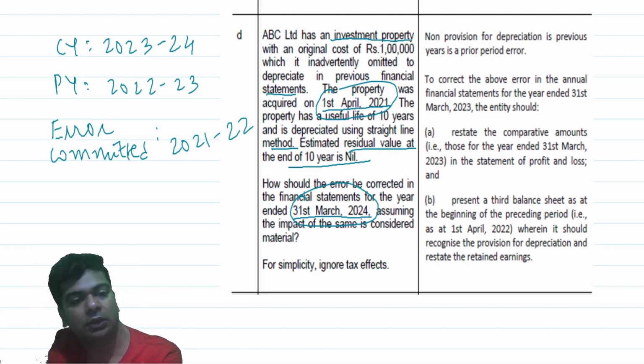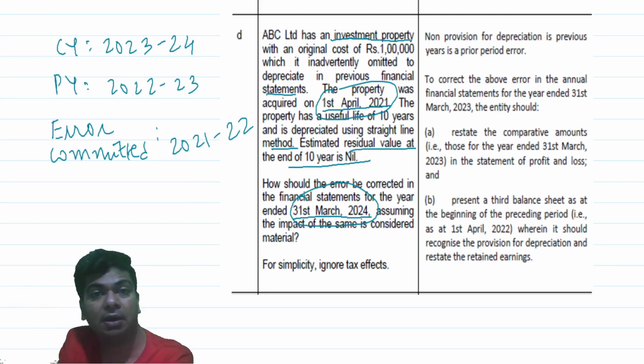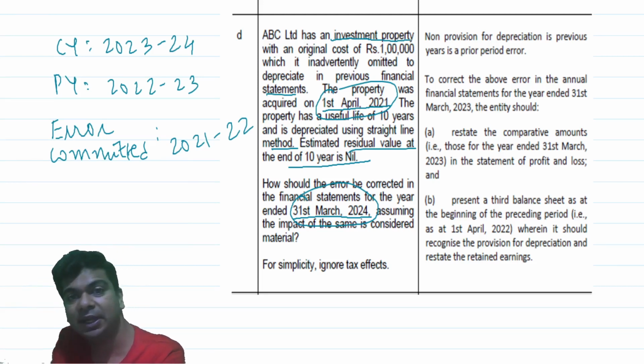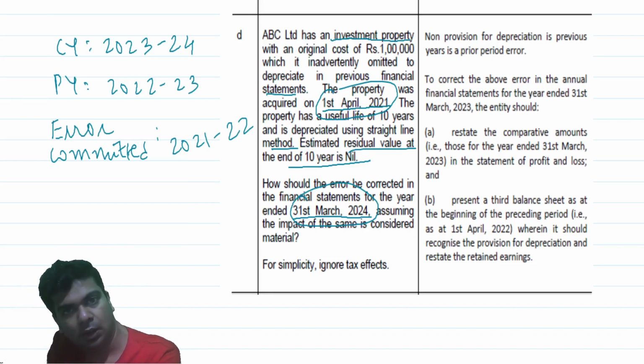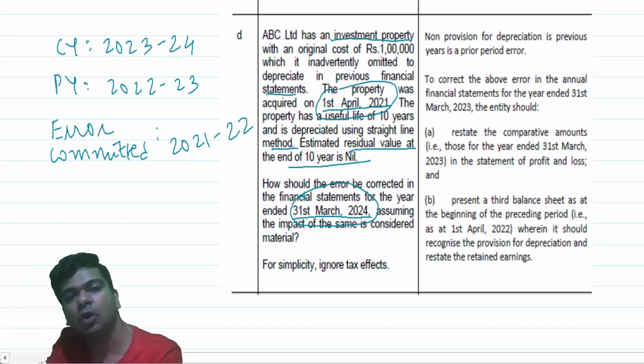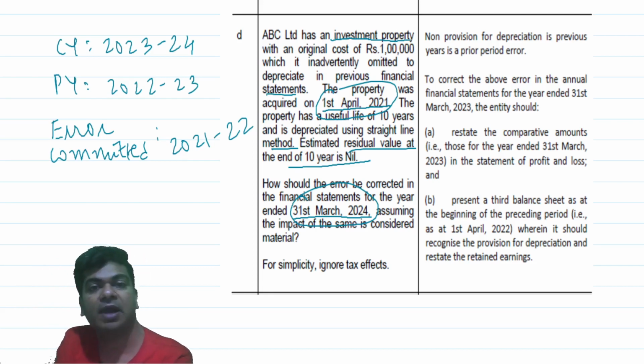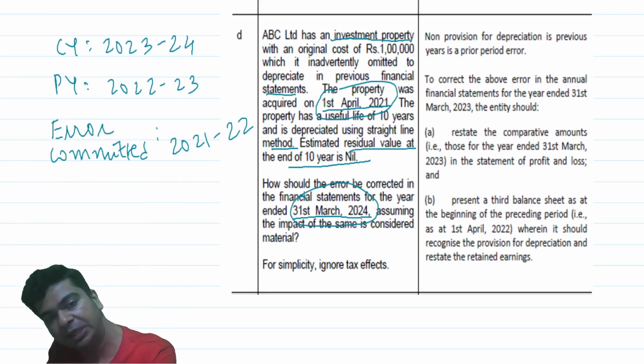As you can observe, the error was committed in the year before the beginning of the preceding year, isn't it? And that is the reason not only the previous year will get affected, even the years before the previous year will also get affected. If the years before the previous year are getting affected, you need to prepare a third balance sheet. Okay.